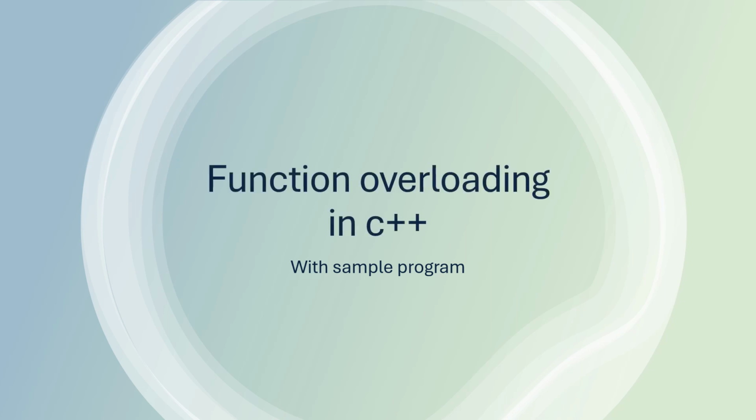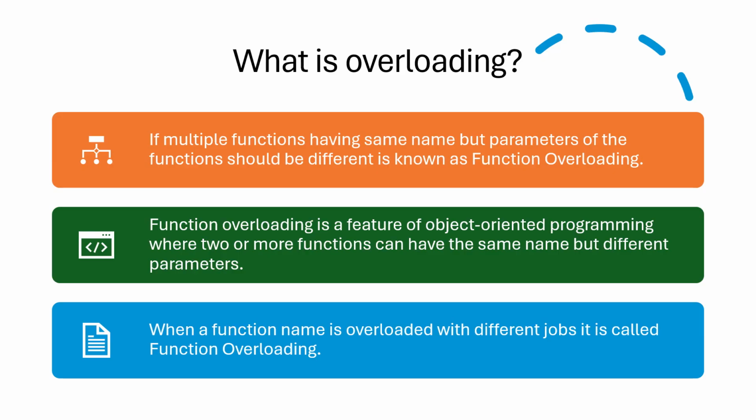Today we are going to speak about the topic function overloading in C++ with a sample program. First, let us discuss what overloading is. It is the use of the same function name but with a different parameter list.